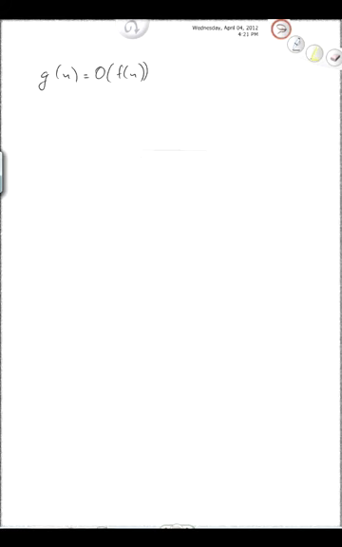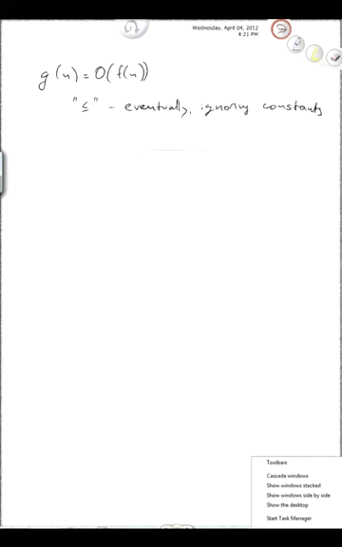And what this means, or intuitively what you should be thinking that this means, is that this is like a less than or equal sign, except it's eventually and ignoring constants. So in particular, big O is a statement about growth. So the expression g of n is big O of f of n is saying that the function f is growing faster than the function g.